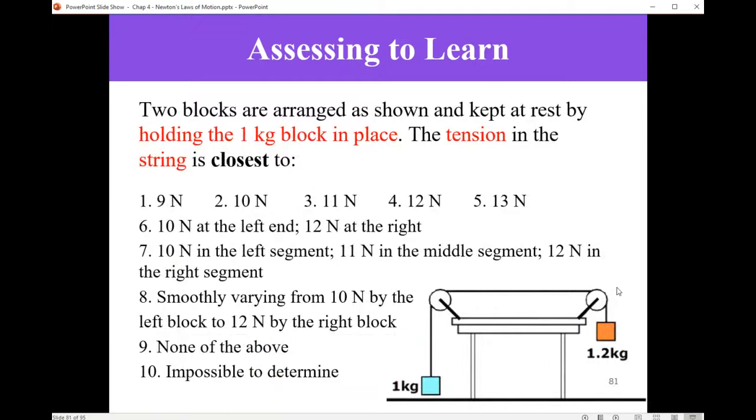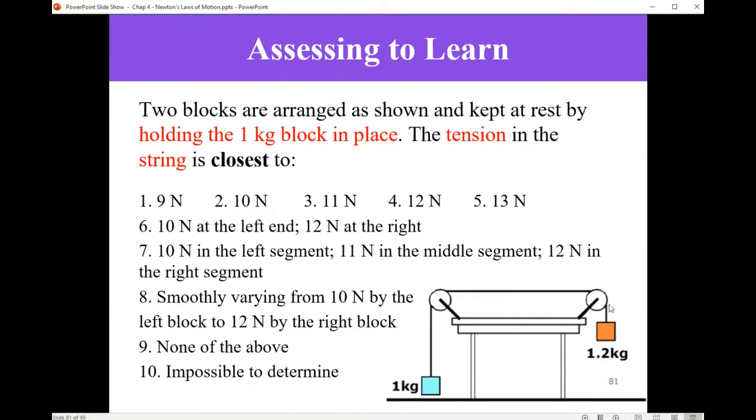Two blocks are arranged as shown and kept at rest by holding the 1 kilogram block. So this is held in place. The tension in the string is closest to what? If this is held in place, then it is as if this rope is fixed to the wall.